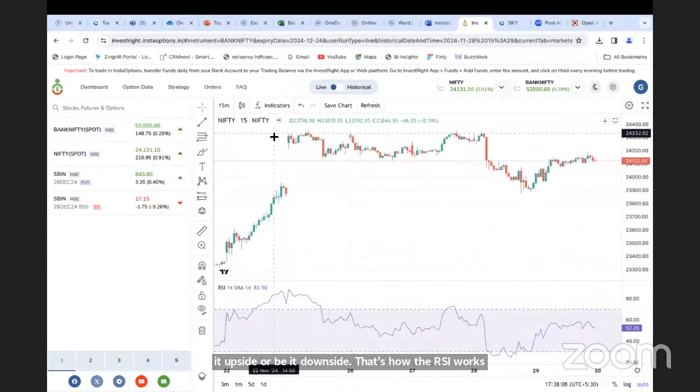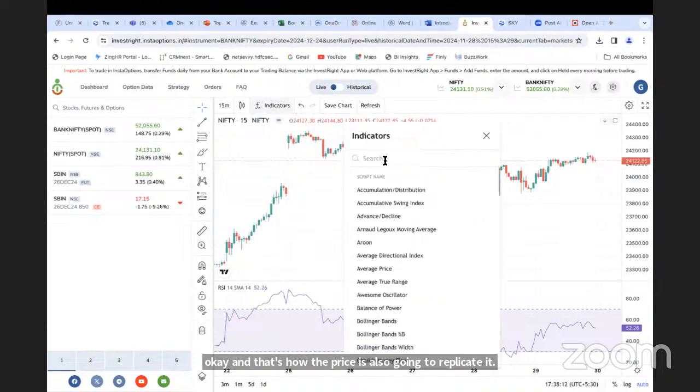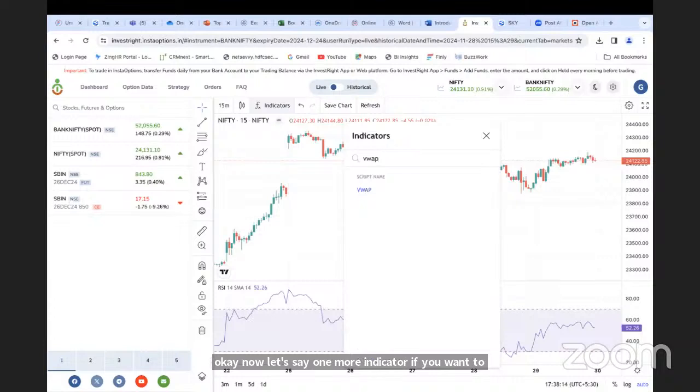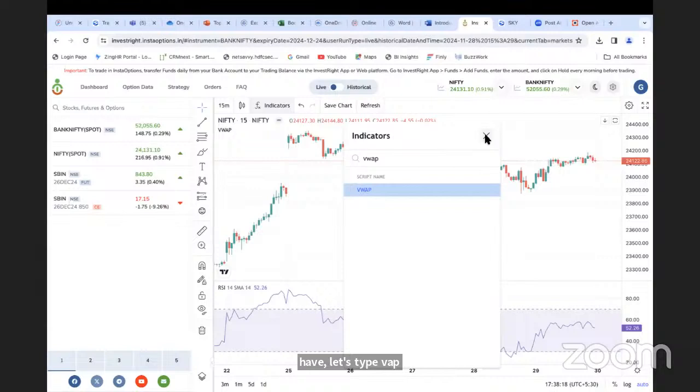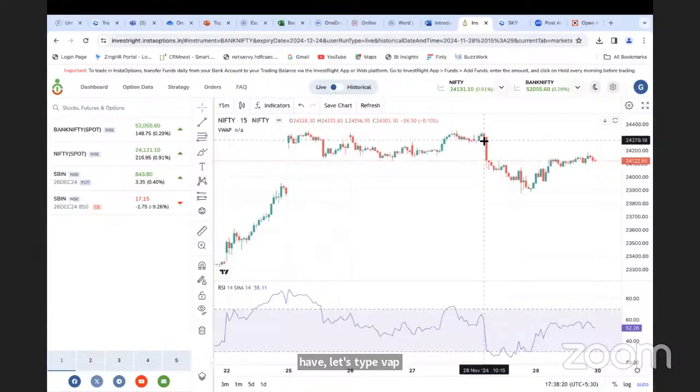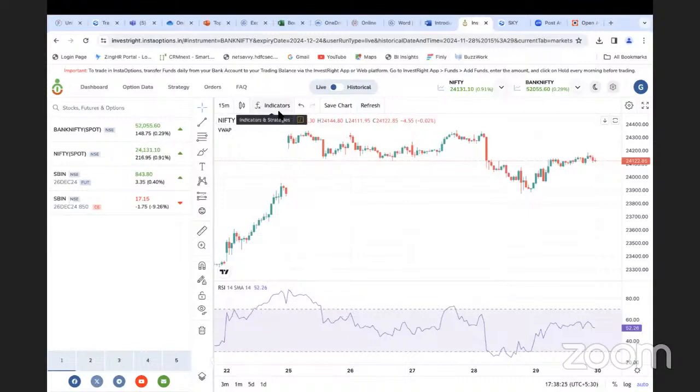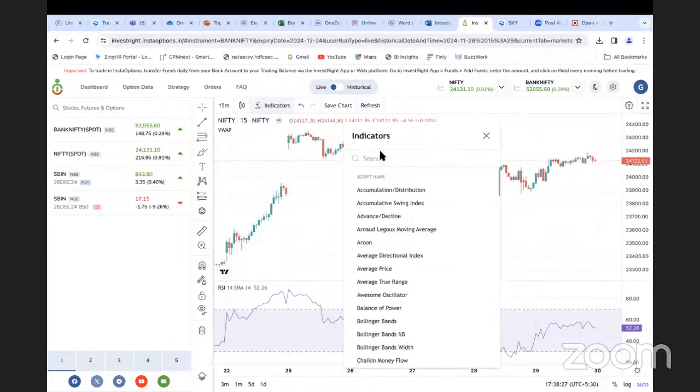Now let's say we want one more indicator. Let's type VWAP. I think there's some glitch here.